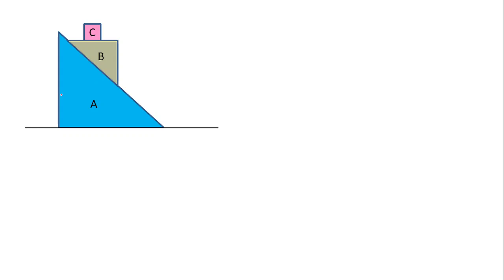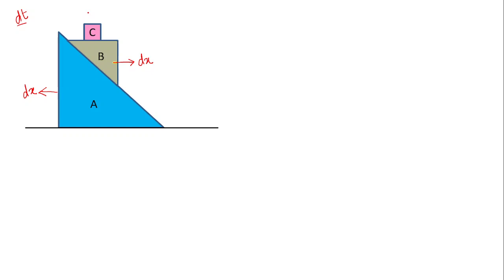We have seen that if this moves, let us say, in a very small time interval dt, this block A moves backward by distance, let's say dx. That means the horizontal component of the displacement of this block will also have to be dx, because the center of mass has to remain at rest and C has no horizontal motion.